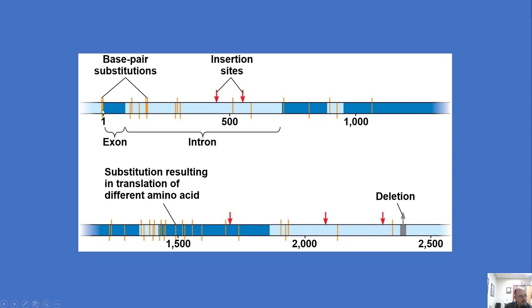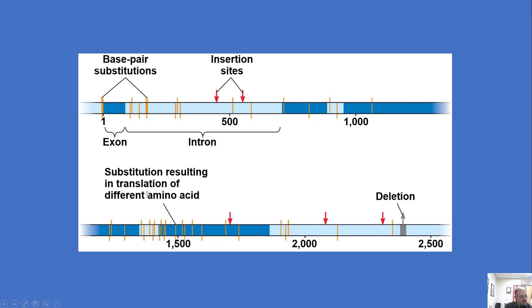So from the beginning of the gene to the end, and we have exons and introns, remember that from Bio 1 hopefully, and we have different sites where there have been substitutions in base pairs, and a lot of those will be silent mutations. But then we also can get insertions accumulating, which will start to change the protein produced quite a bit perhaps.